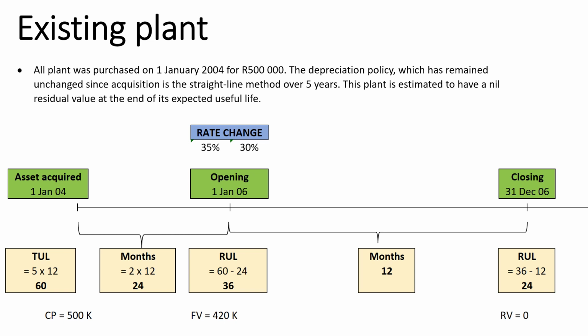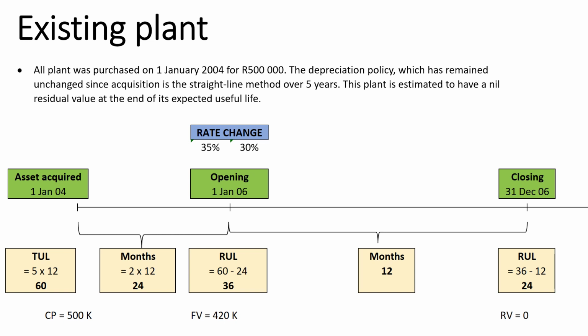So for your existing plant, this is how your timeline will look. It's fairly straightforward. Your plant was acquired on 1 Jan 04. At this time, your total useful life was 5 years. 5 times 12 is 60 months. The question also told you that your year end is 31 December 06.